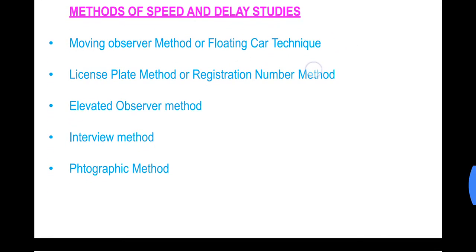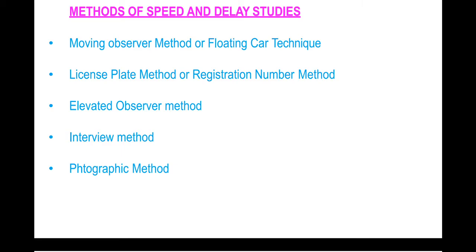The second method is license plate method, which is similar to the method that we use for origin and destination studies, where the surveyors are placed at the cordon line of the study area. We have a study area and we have the boundary line.